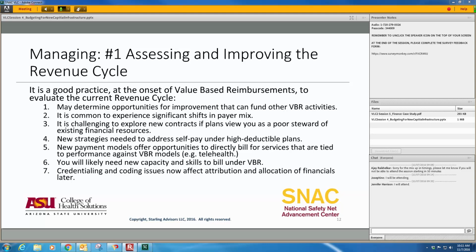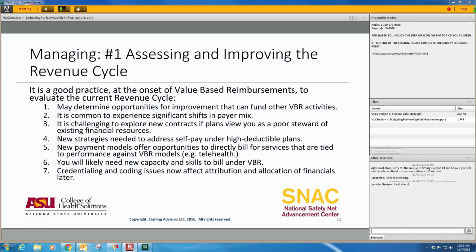You're going to need some new capacity and skill to bill under value-based reimbursement. So again, shoring up your billing and your processes now makes a lot of sense, so that as you start to layer in new processes, you're building upon good practices of the old. And credentialing and coding issues that you experience now really can negatively affect the attribution and allocation of financials down the road.